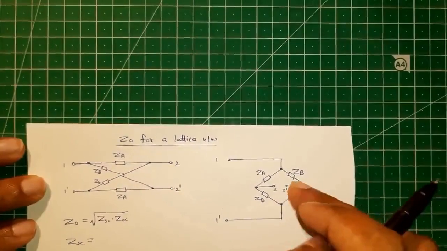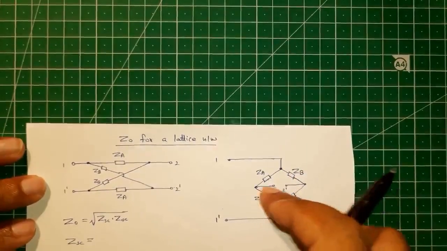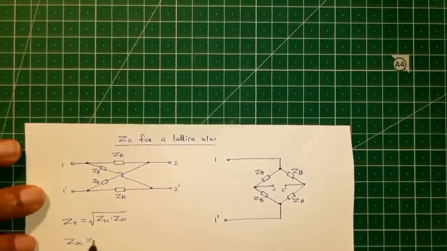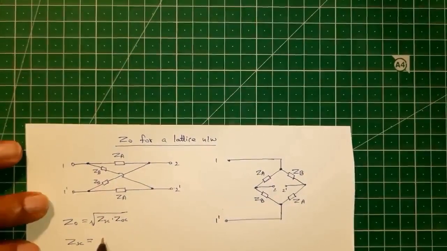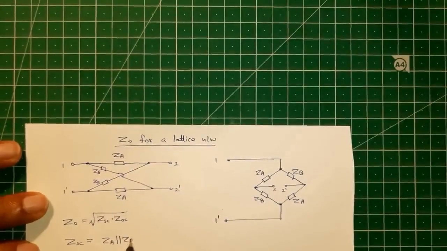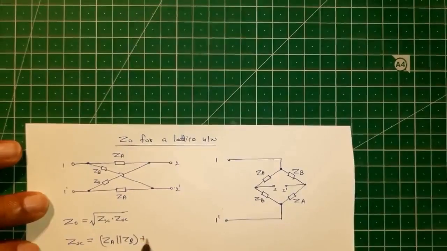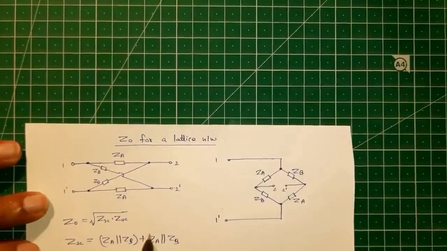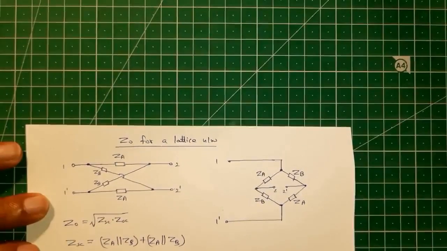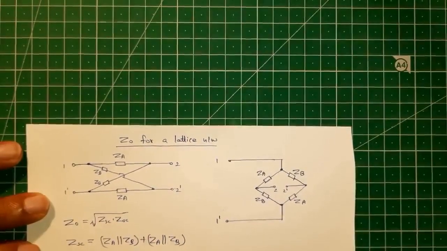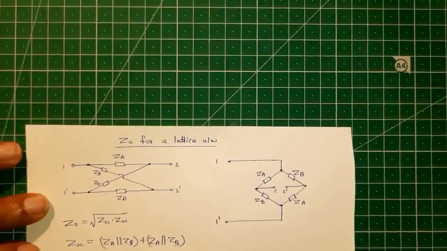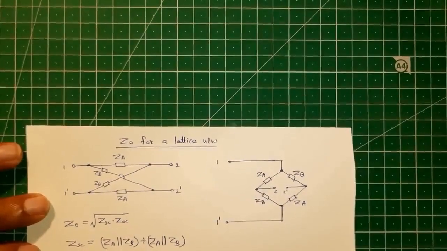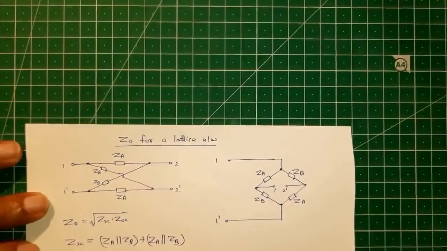These two will be in parallel and these two will be in series. So short circuit impedance will be ZA parallel ZB plus ZA parallel ZB. So that will be twice of ZA ZB divided by ZA plus ZB.